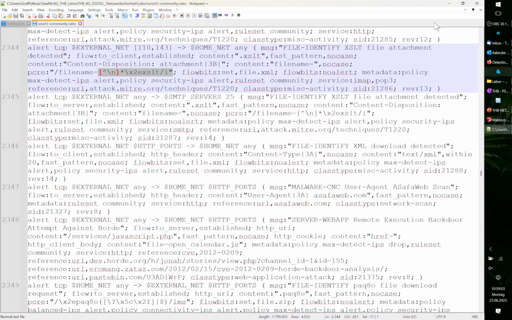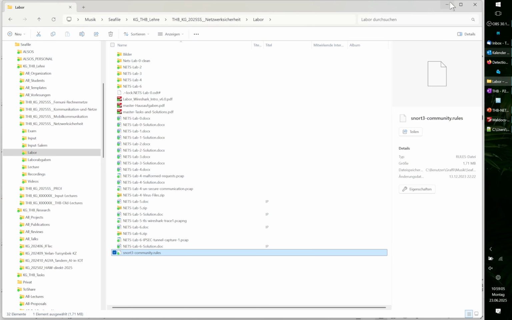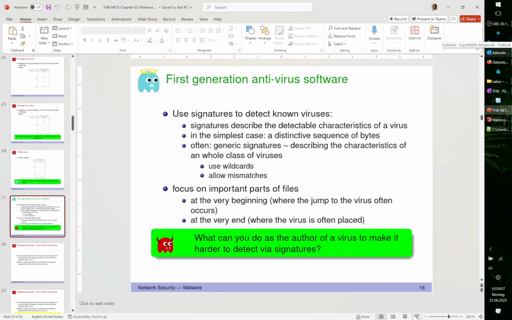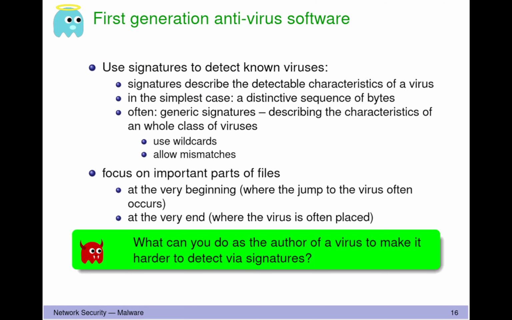Very similar also with regular antivirus software. If you identify a pattern in terms of a set of instructions one after another, or access to specific address fields, this is how you say, okay, now I have something malicious at hand. The simplest form is a distinctive sequence of bytes.